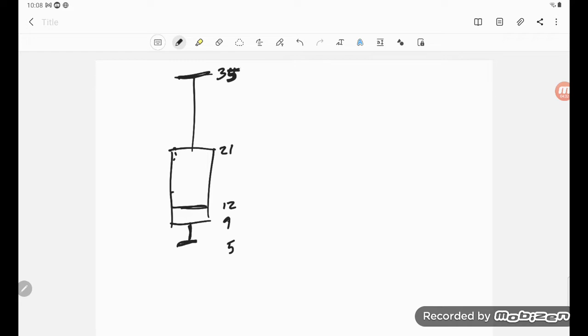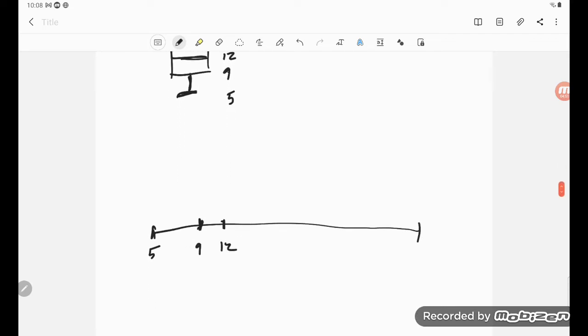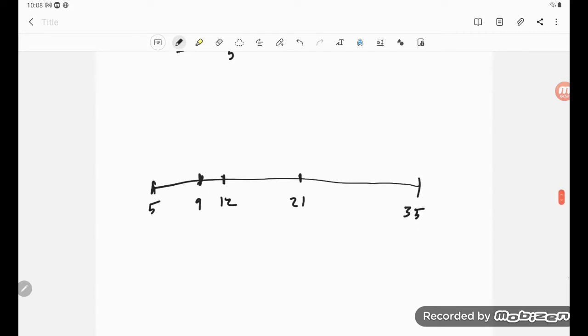Why not? Okay. So suppose we have those numbers, then if I were to lay this down, we have 5, 9, 12, 21, and 35. Okay, so this is a distance of 4, this is a distance of 3, this is a distance of 9, and this is a distance of 14.